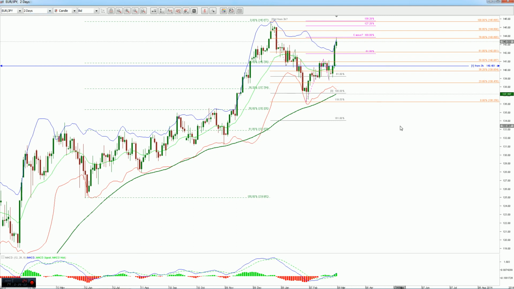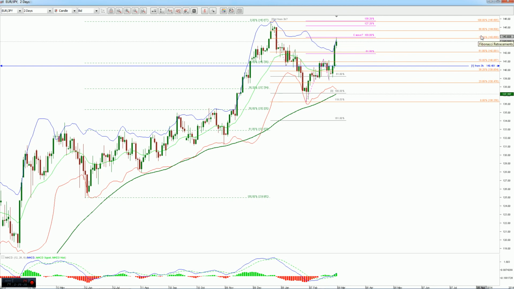On this 2 days chart, I think we had a correction here, an A, B, and a C, and this is either a new impulse. It doesn't look like an impulse, to be honest, but it looks like a C wave, where we're now expecting this A, B, and C to be 100% of an A wave in this area.